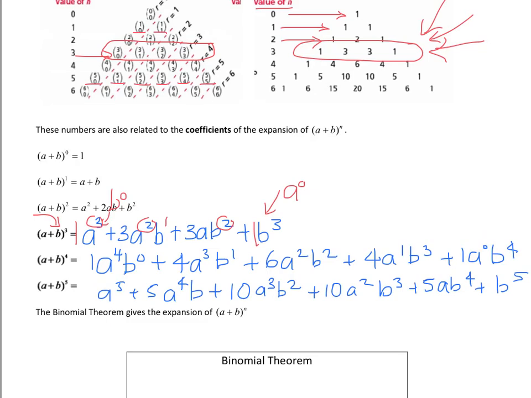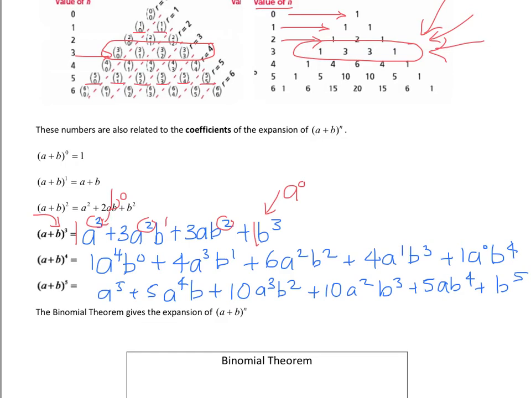So if we understand that coefficients of 1 don't need to be included, and exponents of 0 don't either because they're 1, then we can just write for a plus b to the 5, a to the 5 for the first term, plus 5a to the 4b, plus 10a cubed b squared, and so on.